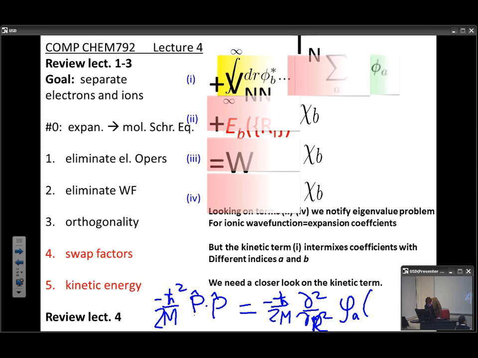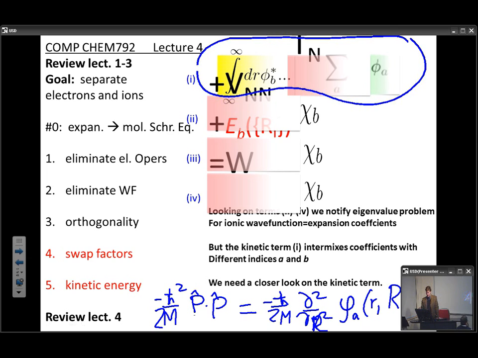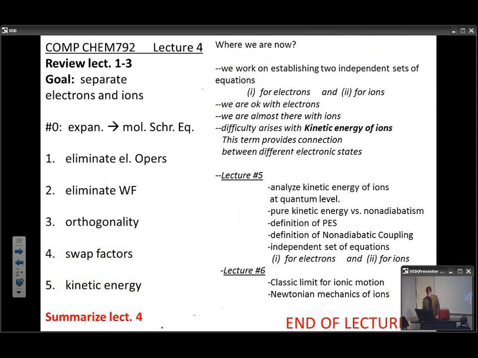Here instead of r, it's R, and if we open this expression, we will see several terms that do contribute to the first term, and some of those terms are big. Some of them are contributing to the kinetic energy of ions all the time, and some of them are small in some cases. So we can try doing it now, or we can postpone it for later.